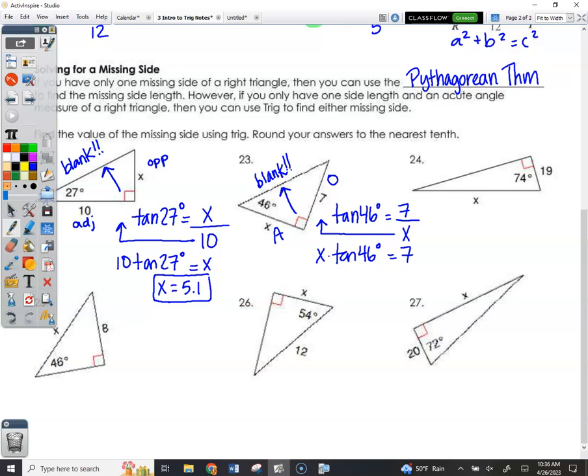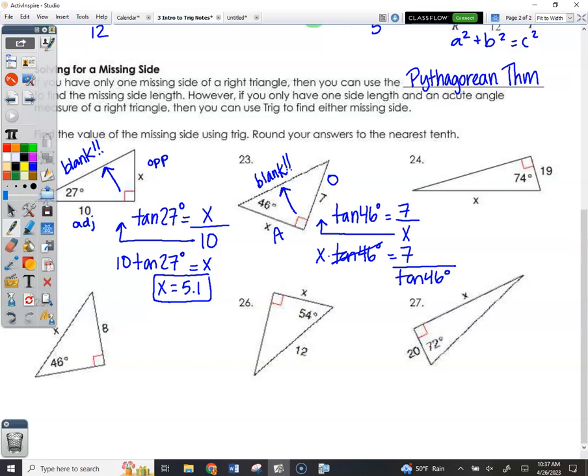So this tan 46 is in the way. X is not by itself because of tan 46. How's it attached? Multiplication. How do you undo multiplication? Division. Watch how I write this. I'm going to mark this out to show that it's coming over here underneath.